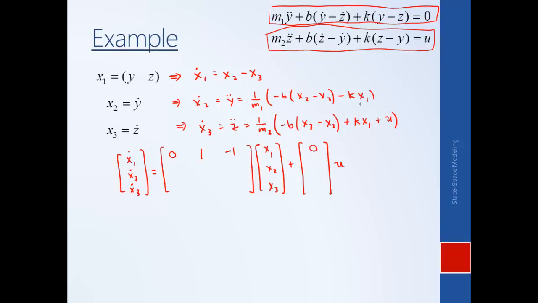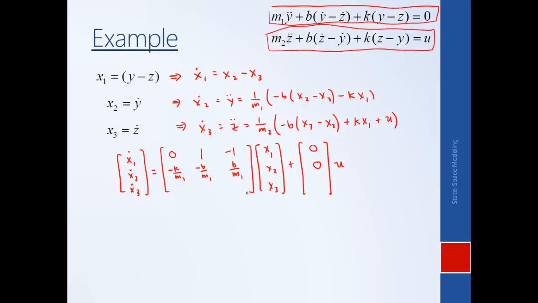If I distribute this, I'll have a coefficient of negative k over m1 for x1. I'll have a coefficient of negative b over m1 for x2. And then the negative multiplying the negative becomes positive, so the coefficient for x3 will be positive b over m1. There is no u term, so the coefficient for u is 0.